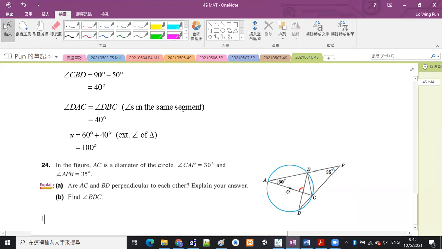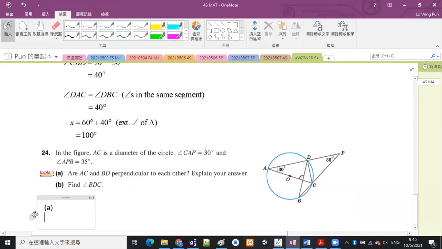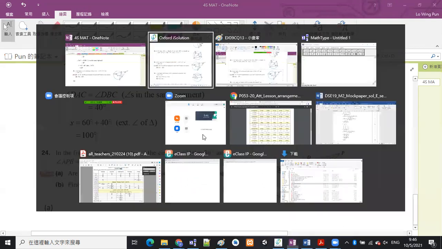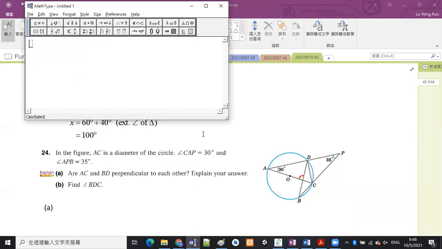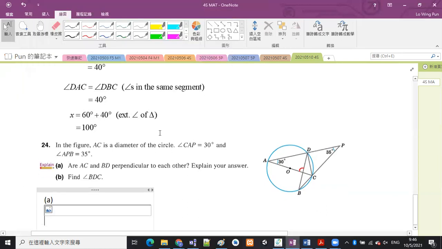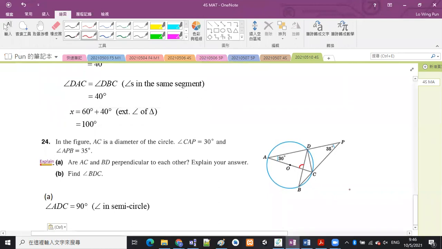So let us find the 90 degrees first. AC is a diameter, which means that angle A dot C will be equal to 90 degrees. Angle in semicircle. So this one is 90 degrees.